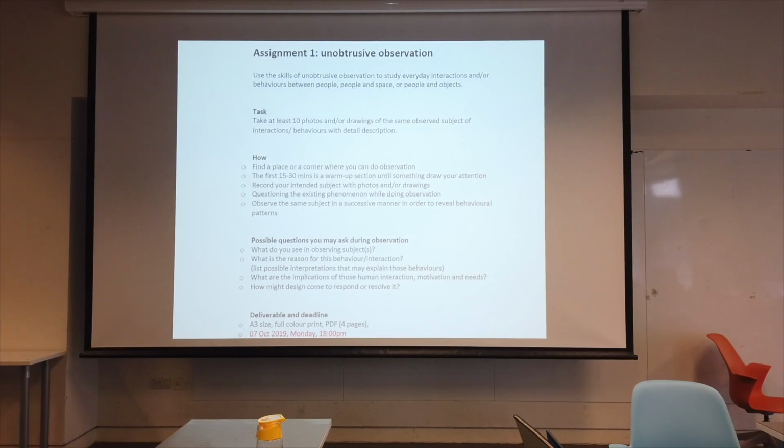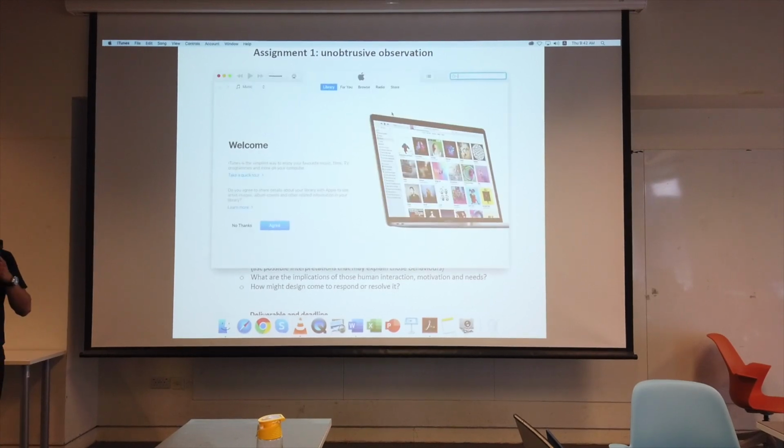Not just people. The whole idea is that we'd like you to consider the interactions: what sort of objects, space, and people, and identify the person that you want to observe.